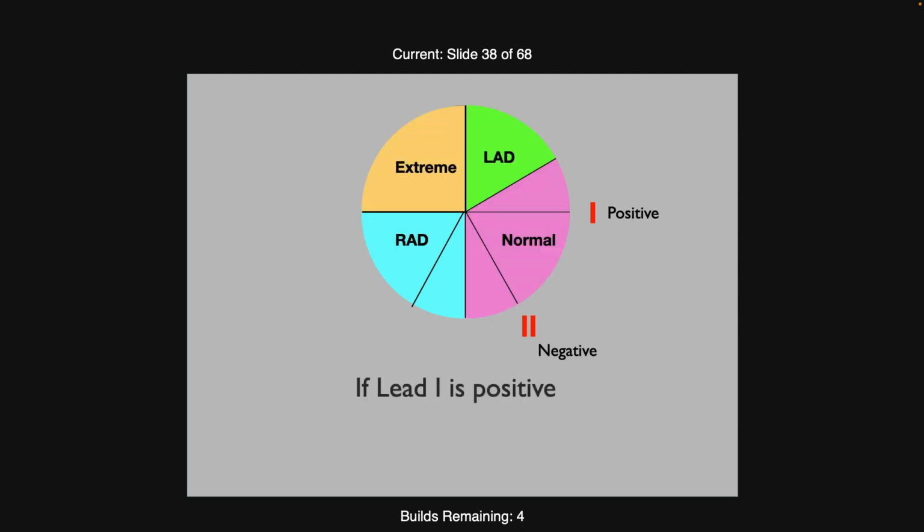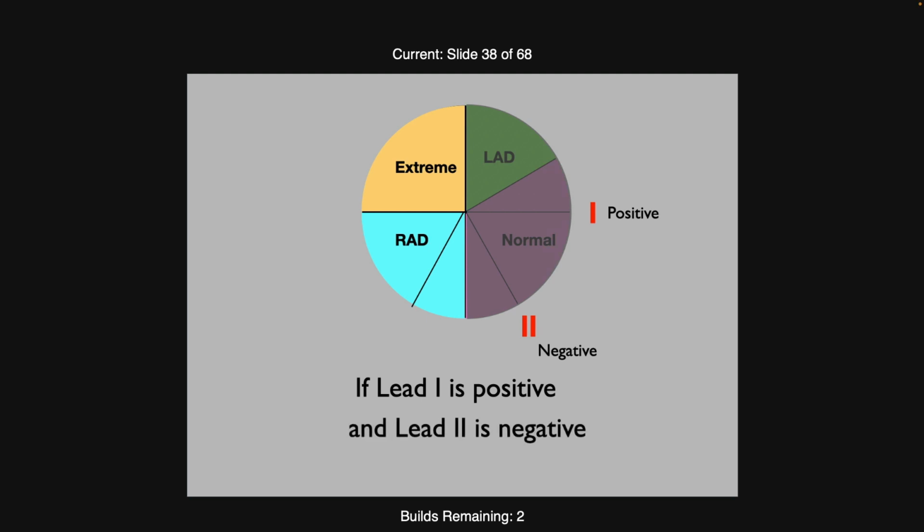If lead 1 is positive, it means it's in the right half. And if lead 2 is negative, that means it's going to be there. So where's the area that these two half circles overlap? The RAD, right? Nope. No. So let's do it again.